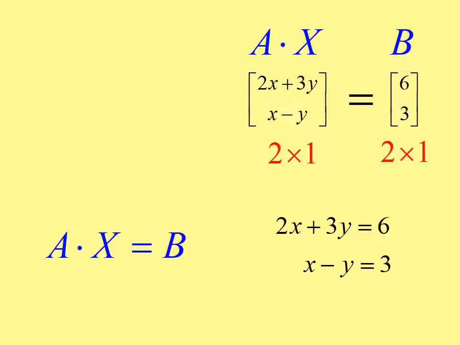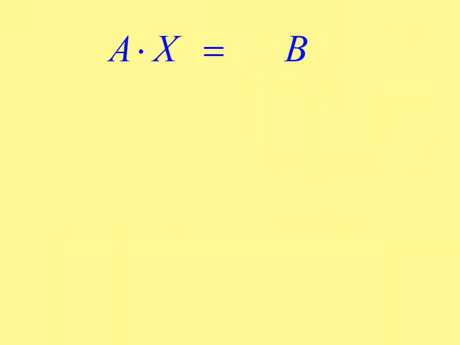Now we're going to take the matrix equation AX equals B and see how do we solve the matrix equation AX equals B. Well, it would be nice if we could divide both sides by A, only there's no such thing as dividing in matrices. We can, however, multiply both sides by the inverse of A. Now notice we're doing it on the left side of each side.